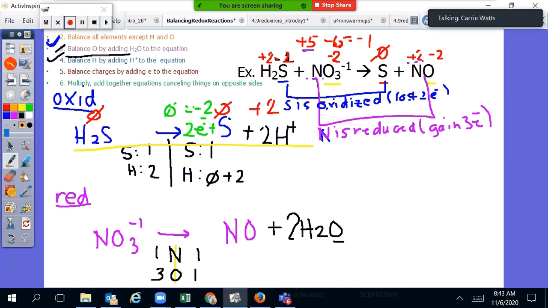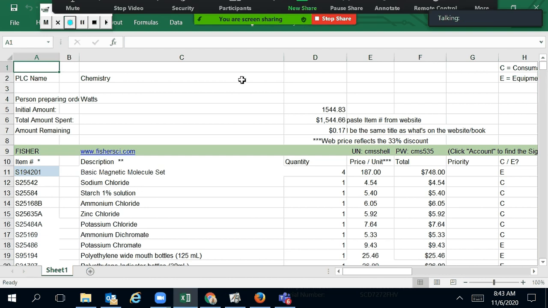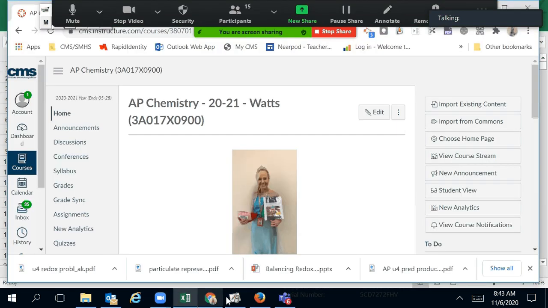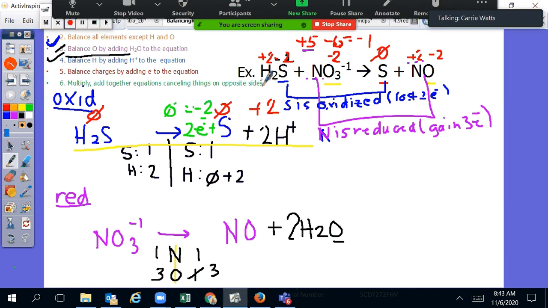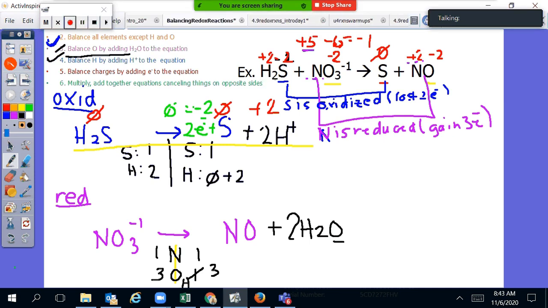Okay, and now we have 3 oxygen, but we've also added hydrogen to this equation. We now have 4 hydrogen over here and 0 on the left. So now we have to balance the 4 hydrogen by adding H plus on the left.